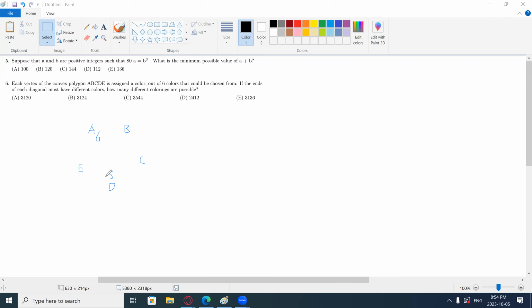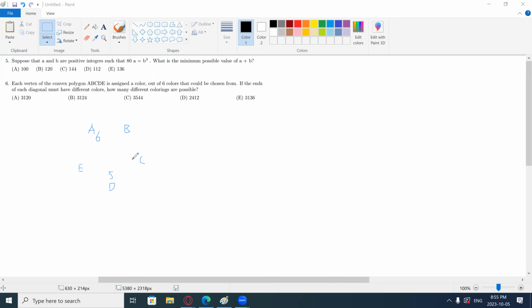Since they're diagonal, D can only choose from one less than A. Now we can do the same thing to C.